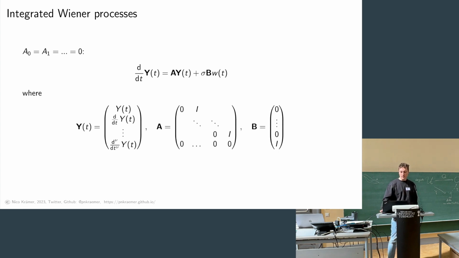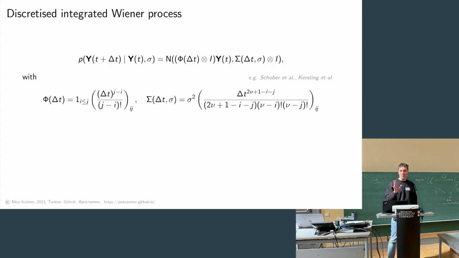And when we want to implement this algorithm, we discretize it in time. So we need to look at the state transition between time t and time t plus Δt for some increment Δt. And for time-invariant and linear SDE priors like this, we can write down the state transitions as some matrix-vector product with Φ, and then we have some process noise Σ.